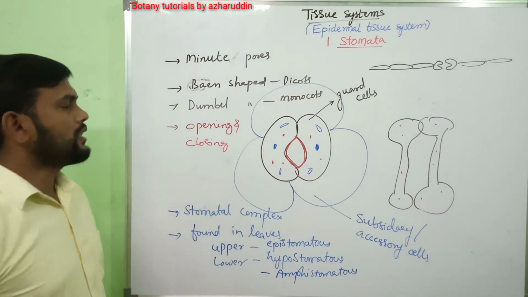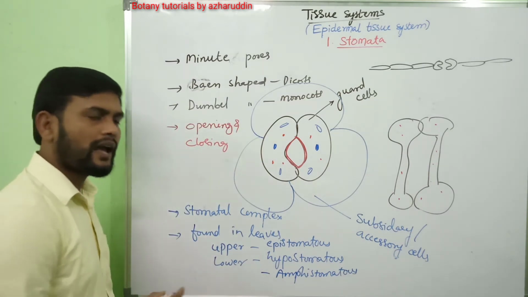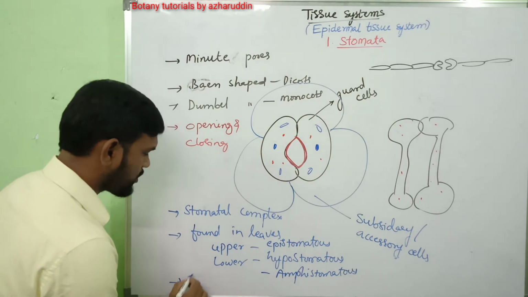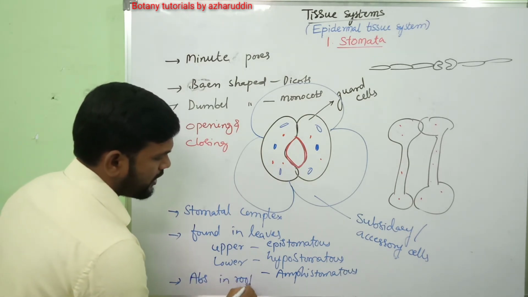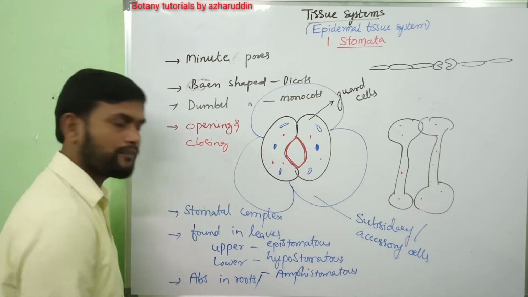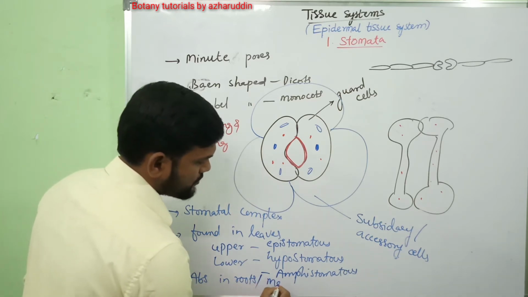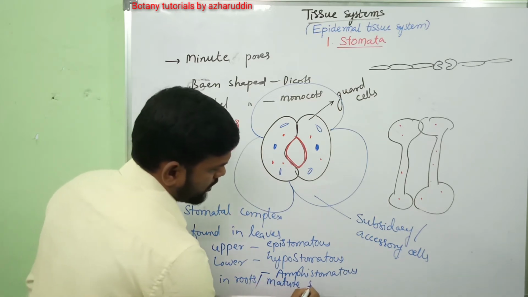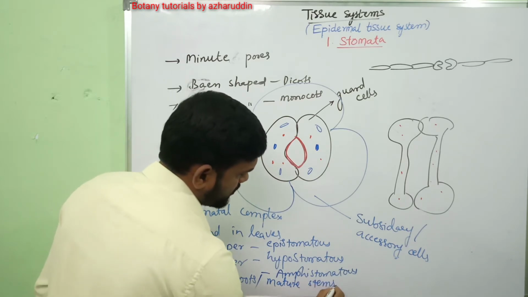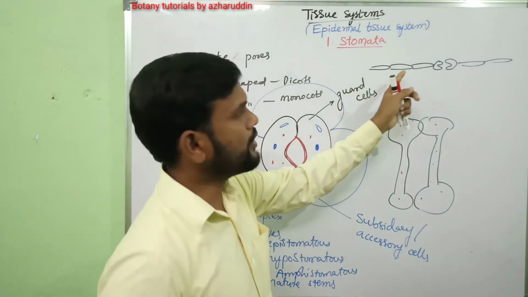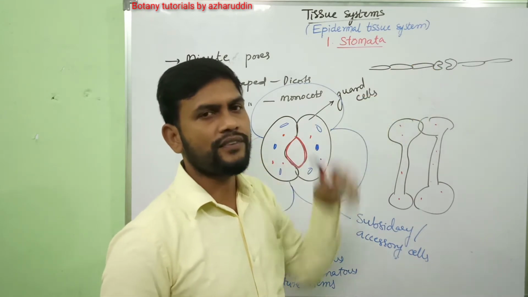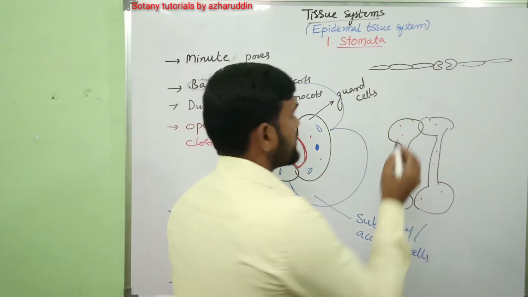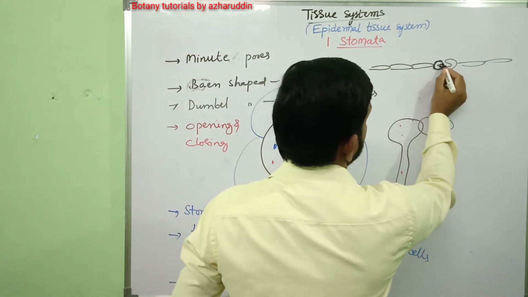Actually, stomata are absent in roots, and they are also absent in mature stems. In mesophytes, these stomata are present at the surface level, like this.